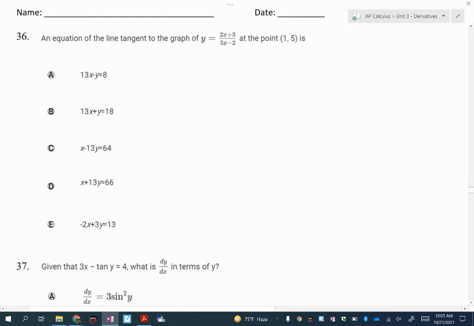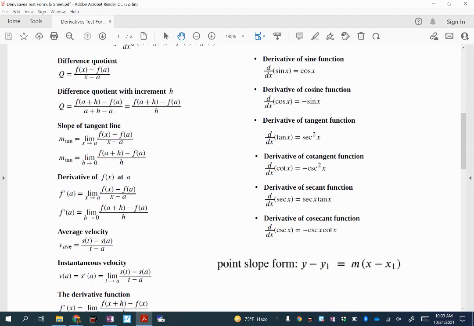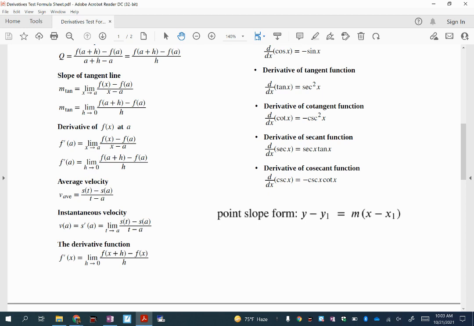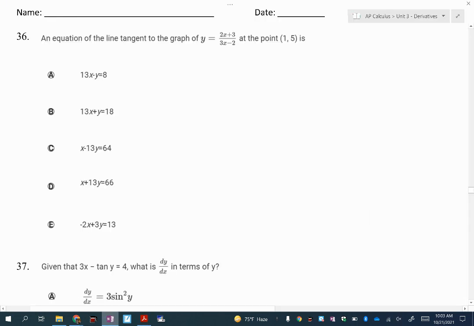So we want an equation of the line that's tangent to the graph of this y equation going through the point 1, 5. The moment you read this, you should be thinking, I'm going to need point slope form right here. So I need a point, and they gave us both the x and y value for the point: 1, 5.